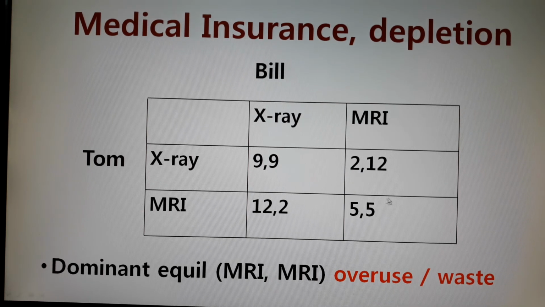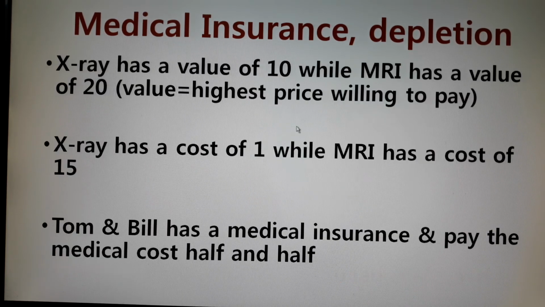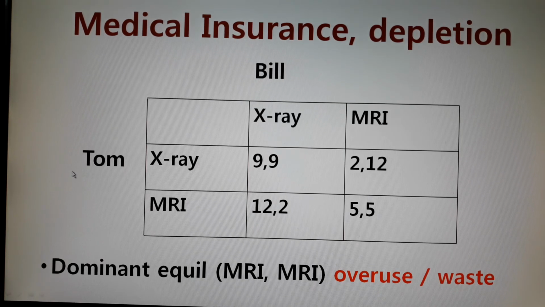Okay, what if both people get X-ray? Tom will get $10 value, because I assume that. Bill got $10 value, as in the previous example. But then the cost is 1. So Tom pays 0.5 for himself and 0.5 is paid by Bill, even though it's Tom's medical check.